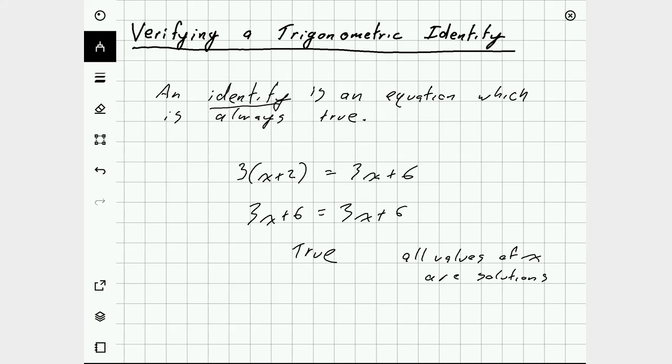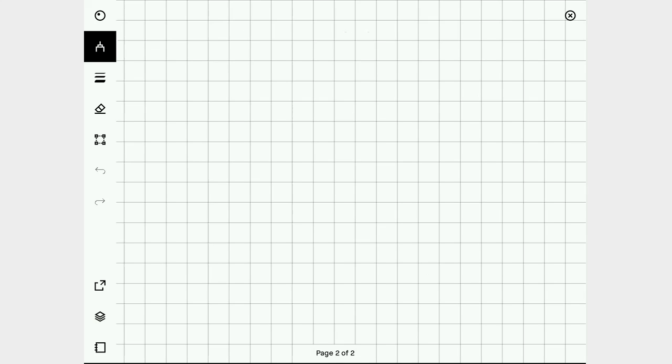A trigonometric identity works the same way, except instead of just having these nice simple equations, we're going to be talking about equations that have trigonometric functions in them. You're already familiar with several trigonometric identities.